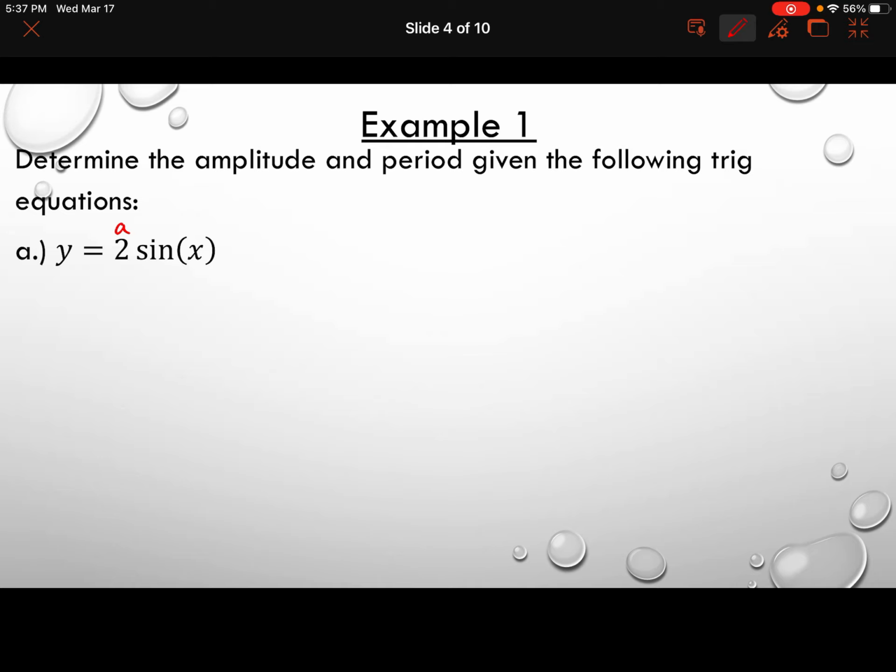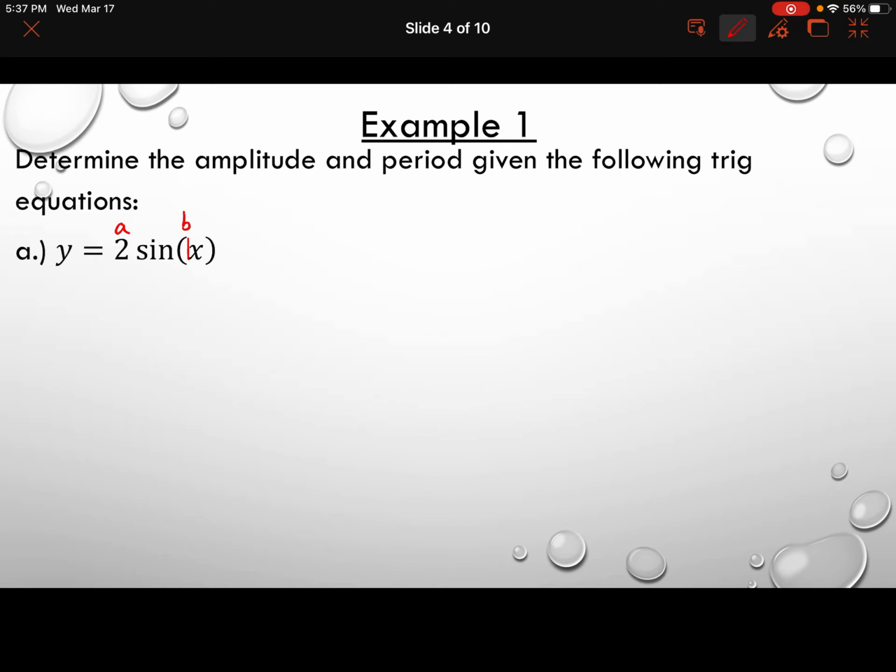Whenever you have a variable all by its lonesome, there is a 1 in front of it. Typically we don't write the 1 because 1 times anything is just itself, but the b value for this example would be 1.